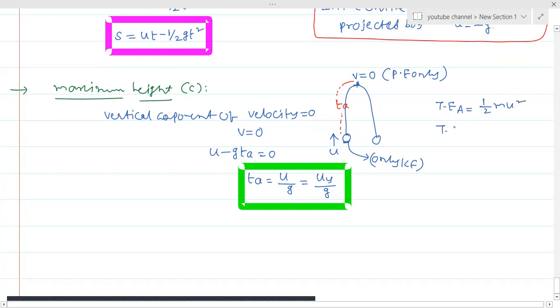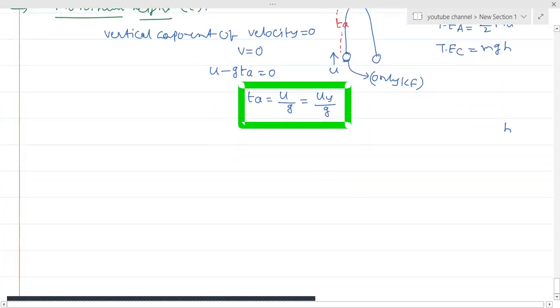In the case of maximum height at the point C, we will think of mgh. These are the total energies generally we will see. This is the maximum height.